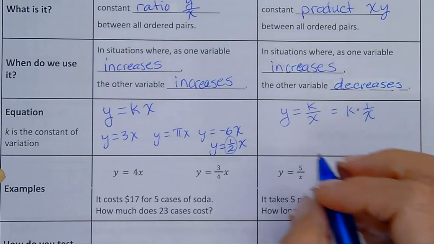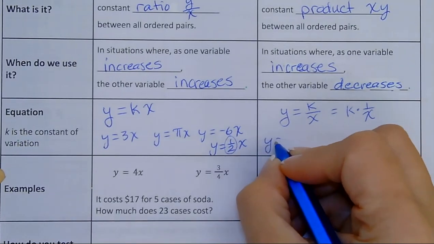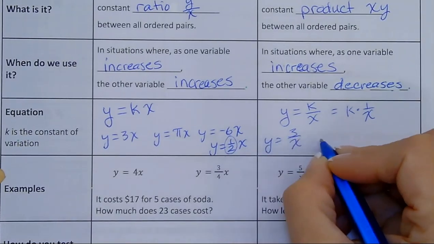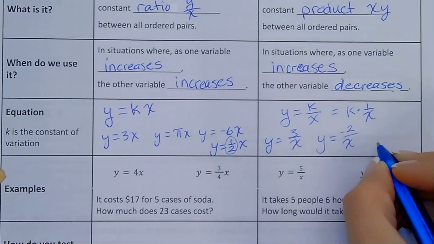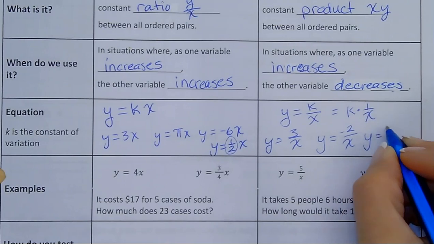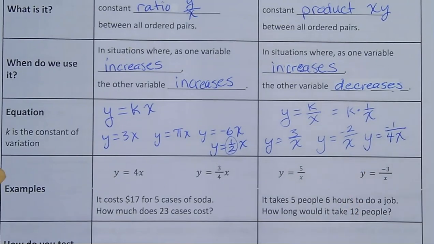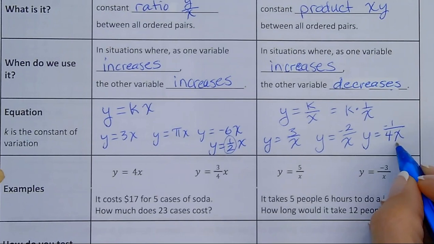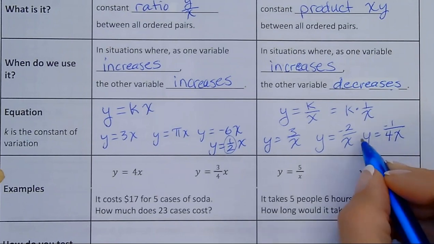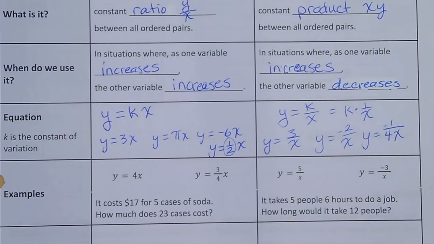So some examples here, I could have y equals 3 over x. I can have y equals negative 2 over x. I can have y equals negative 1 over 4x. That's fine too. My x is going to be in the denominator. So as I increase my x, you can imagine that I am decreasing the y.